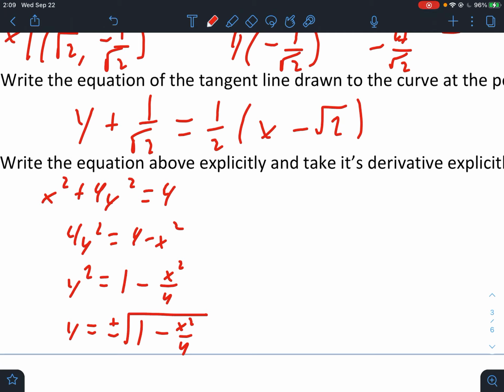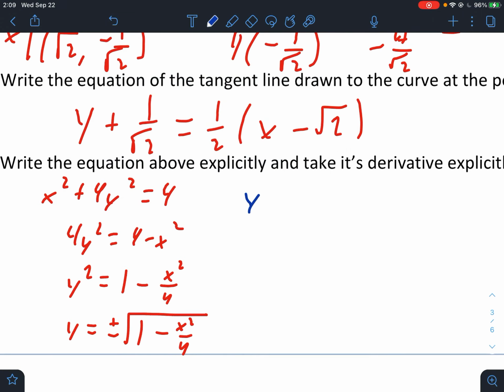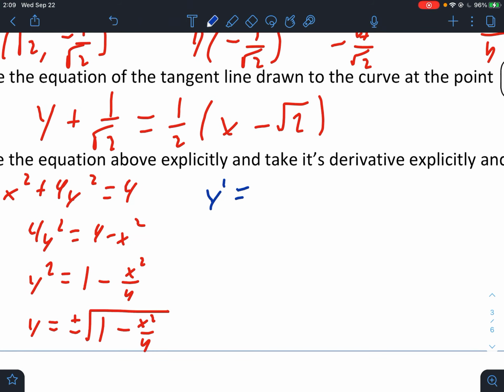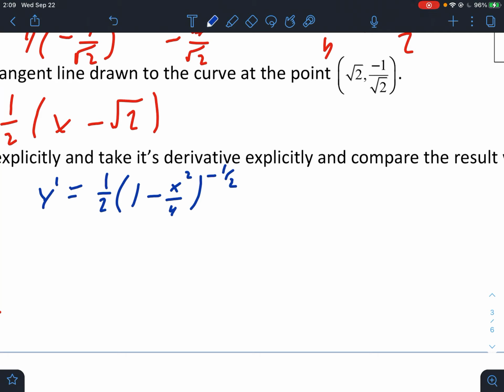So we're going to take the derivative of that, y prime or dy dx. Remember, this is like saying 1 minus x squared over 4 to the 1/2, right? So that'd be 1/2 times 1 minus x squared over 4 to the negative 1/2. And then using chain rule, the derivative of the inside would be 0 minus 2x over 4.